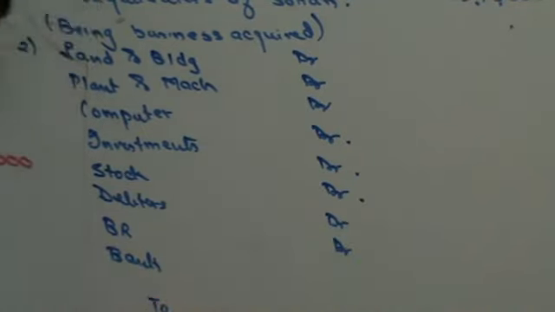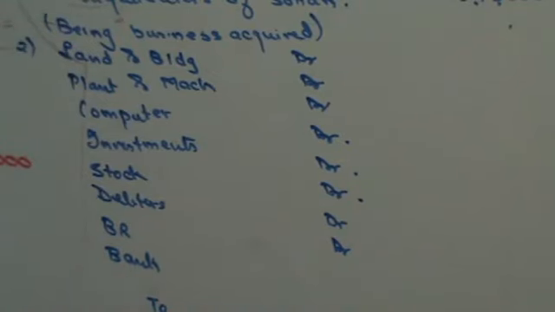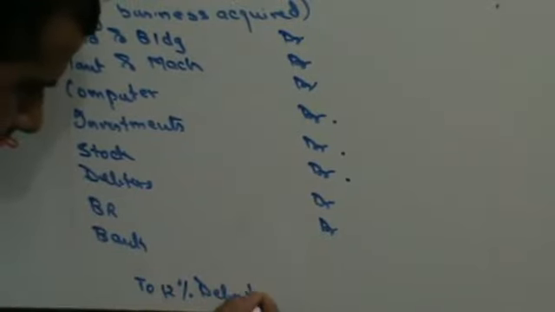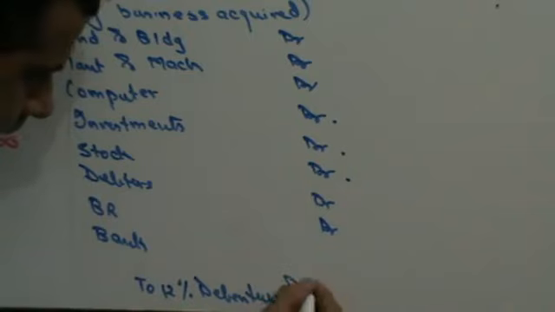Leave a line. To 12% debentures of Rohan. Right? You write the amounts. To 12% debentures of Sohan.